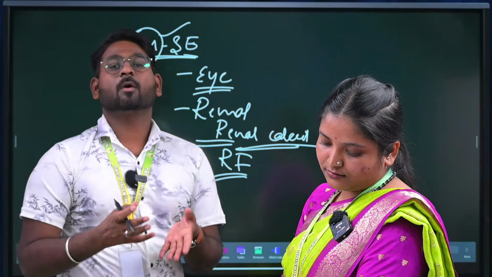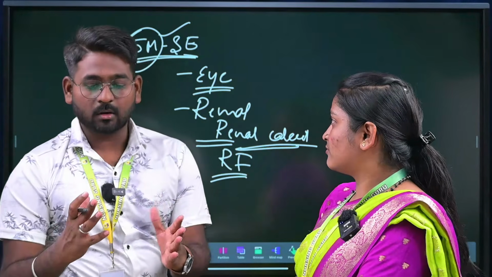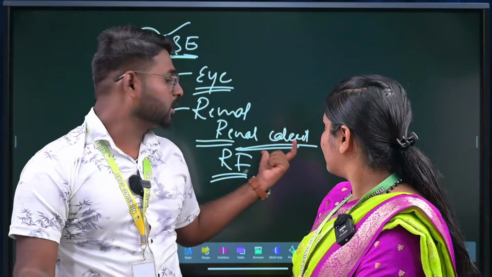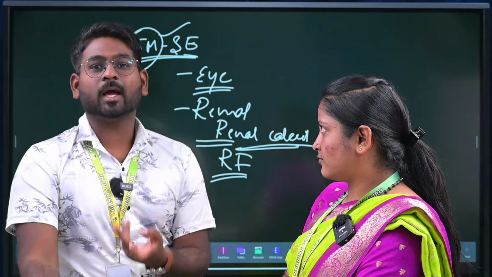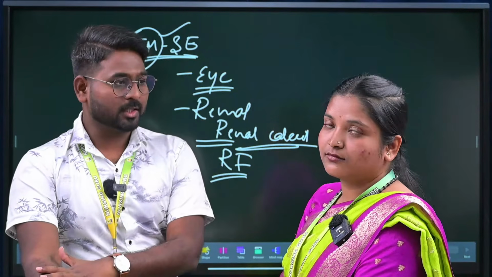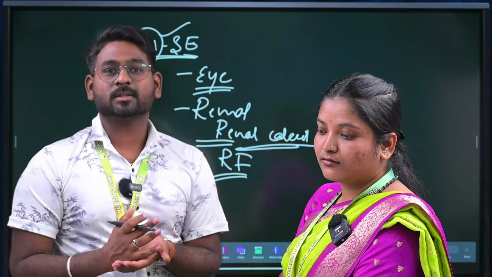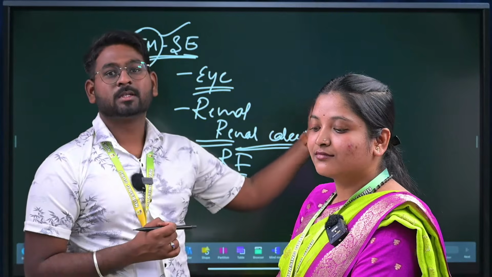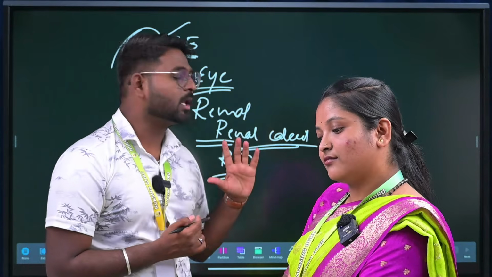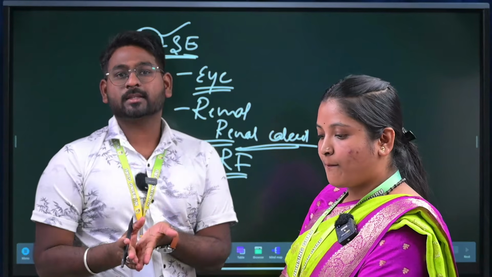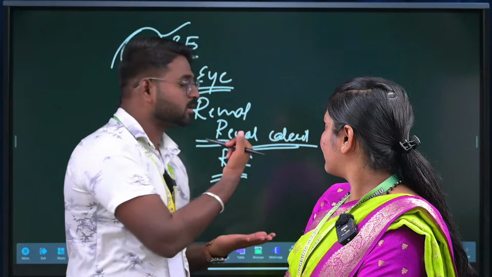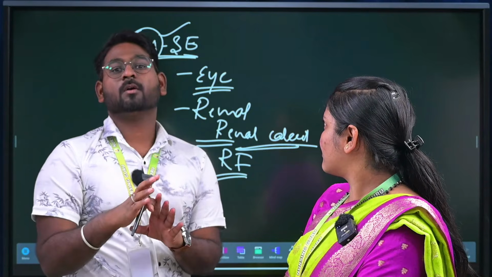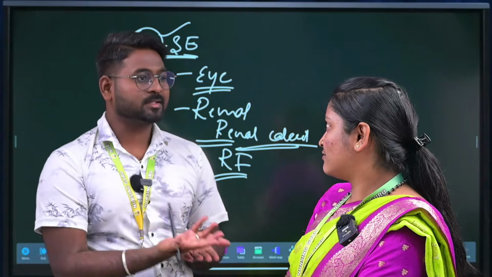How they are going to ask it in the examination: mention the different types of renal calculi and the management of the renal calculi, or explain the role of the nurse in the surgical intervention of the renal calculi. If they ask like that, you need to write the definition of the renal calculi, but you are not supposed to write the types, since they asked about nursing management.